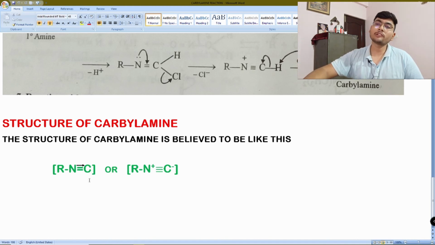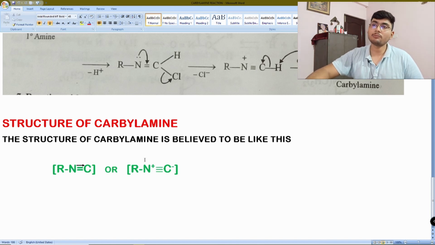So you can represent it like this, or you can represent it like this. How? Because nitrogen has given electrons, it will have a positive charge. Carbon has taken electrons, so it will have a negative charge. If you don't want to represent the coordinate bond through an arrow, you can also represent it through the charges.